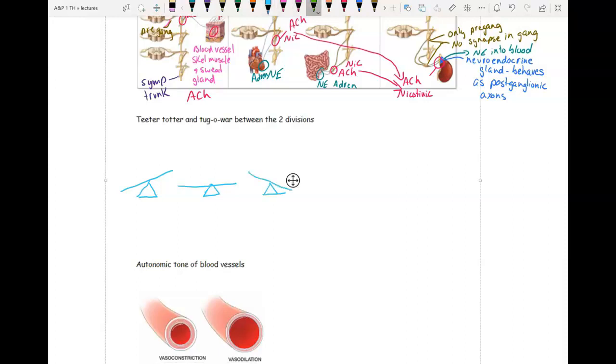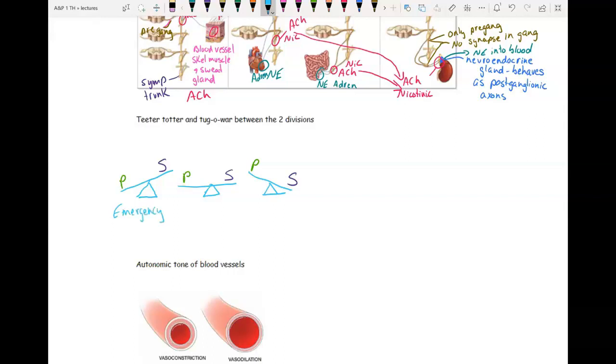So if you put sympathetic and parasympathetic on here, you can have a situation all the way on the left here where sympathetic is high and parasympathetic is low. This would be like an emergency.